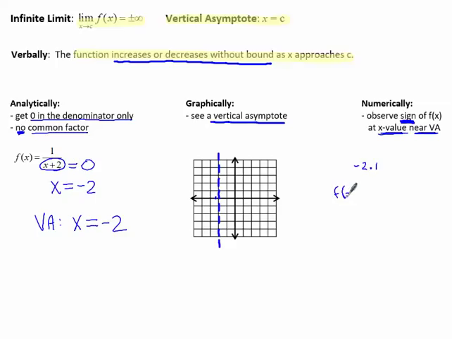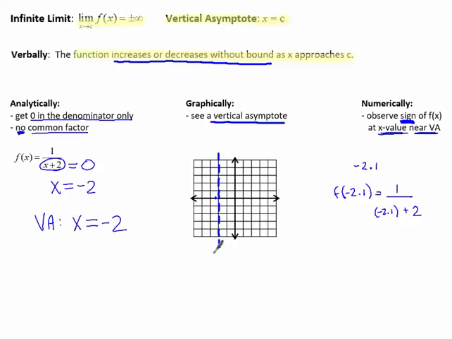F of negative 2.1 makes 1 over negative 2.1 plus 2. Now, I could compute the value, but really all I need to know is is it a positive value or a negative value? Because if we're that close to the vertical asymptote, the function's either going to be way up here or way down here.